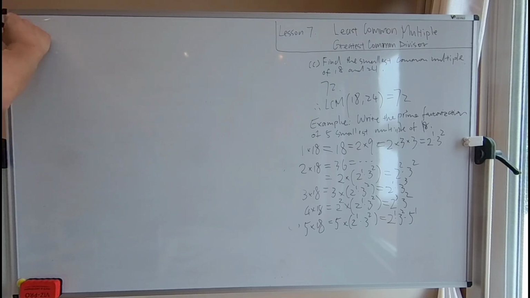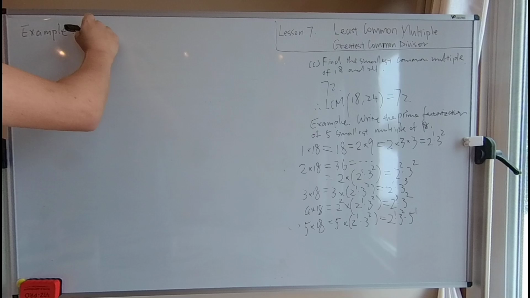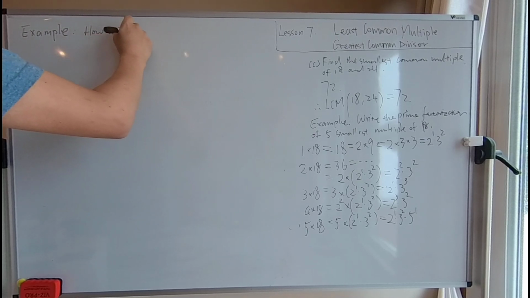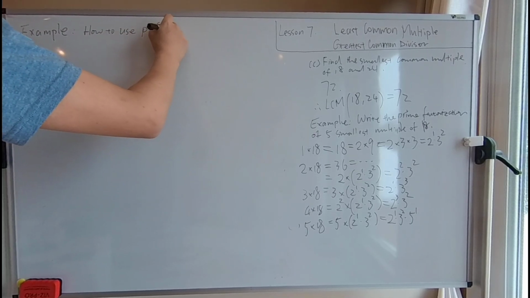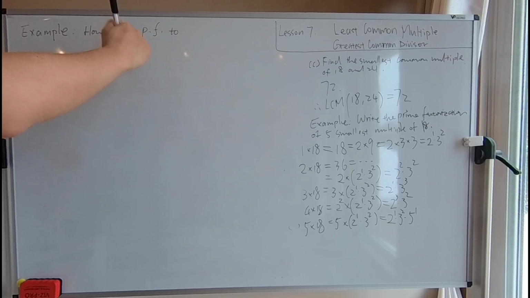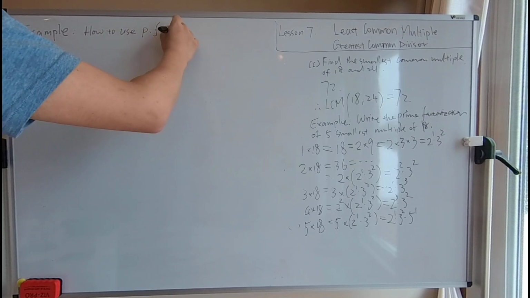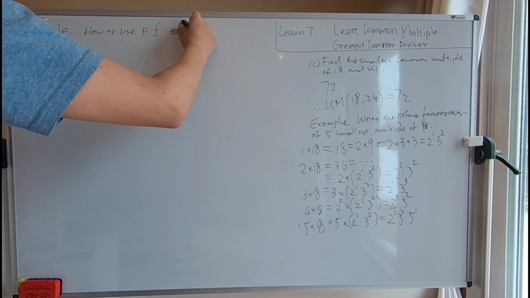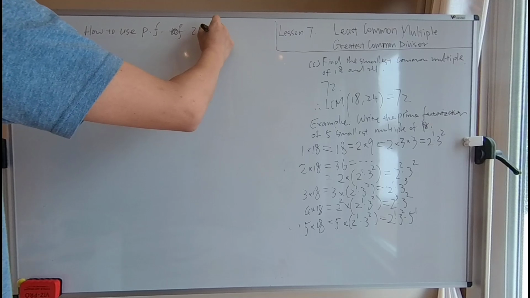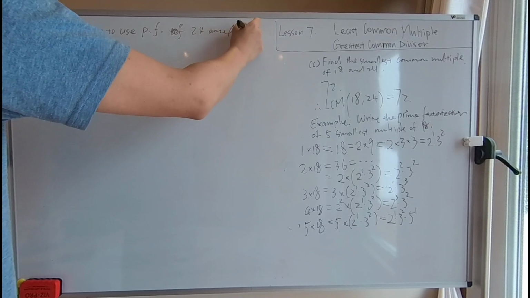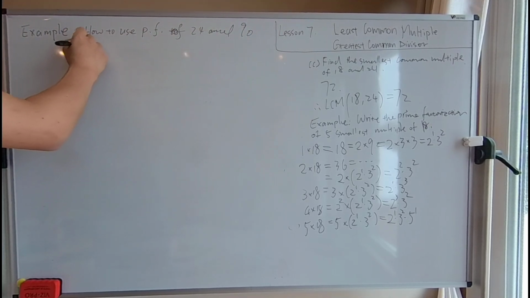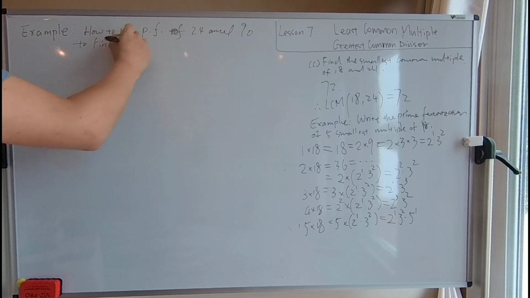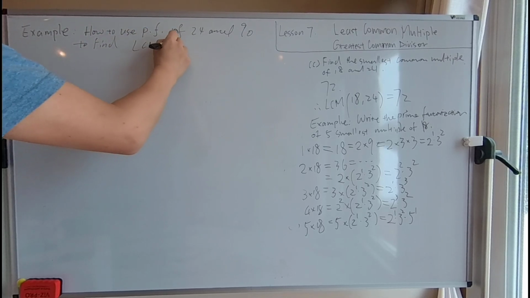So how do we use prime factorization of the two numbers, for example 24 and 90, to find their least common multiple?